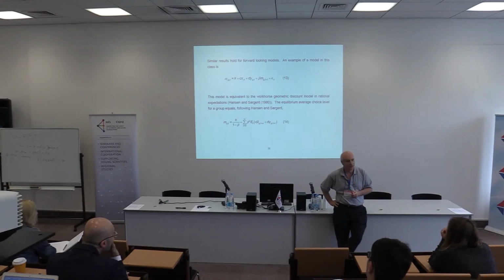If I expect to be in a world 2 years from now where everybody's graduated from high school, I make different choices today. If I expect to be in a world in which the labor market's filled with college graduates, I make different choices today. Quite generally, when we write down dynamic models of decision making, in which I think about the payoffs across time, that introduces the formation of beliefs over different time horizons.